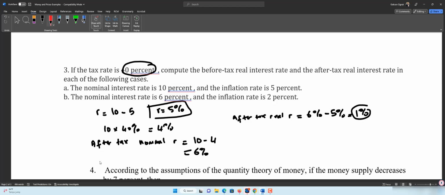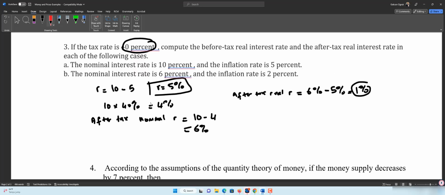Now the second one, nominal interest rate is 6%, inflation is 2%. So if there is no tax, 6 minus 2, 4% is the real return. But now we need to calculate the after-tax nominal rate. The tax is 6% times 40%, so we need to multiply 6 by 0.4.